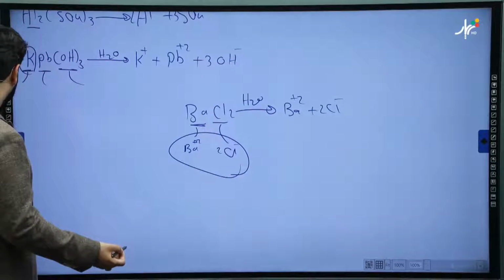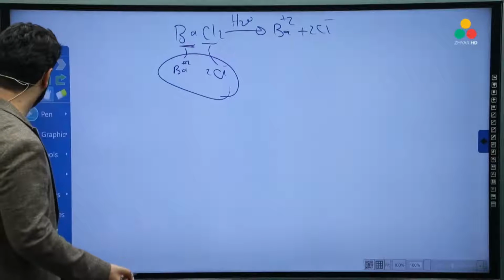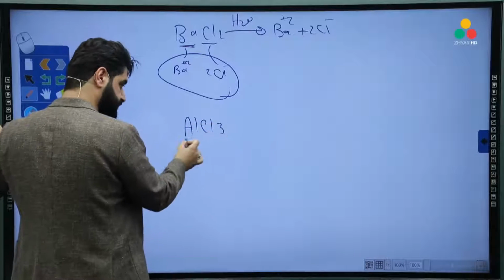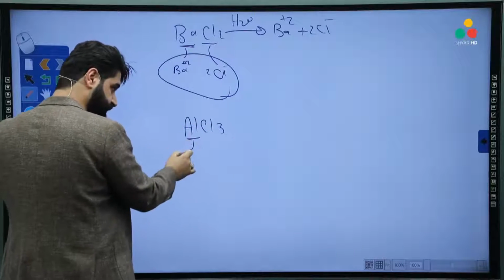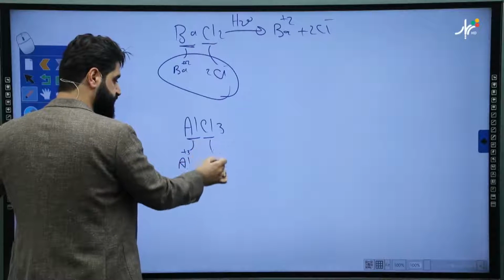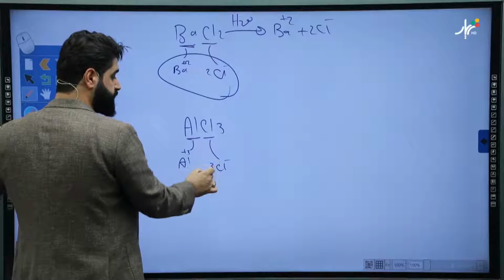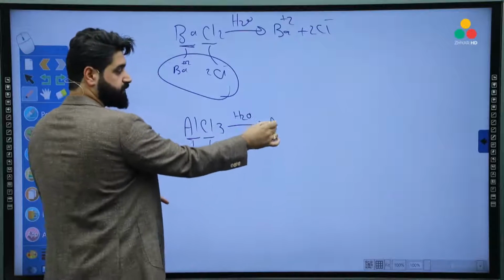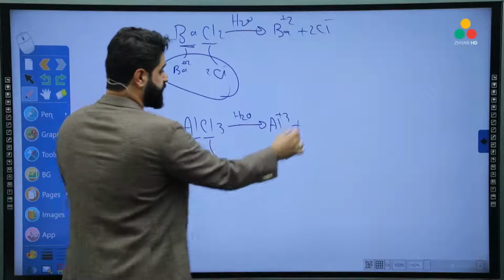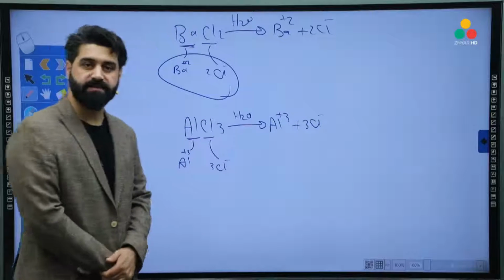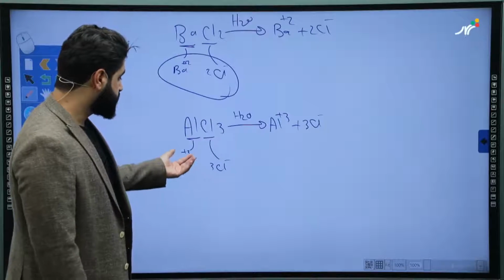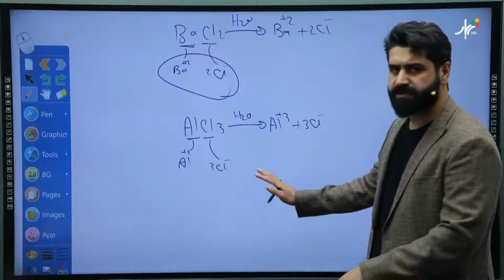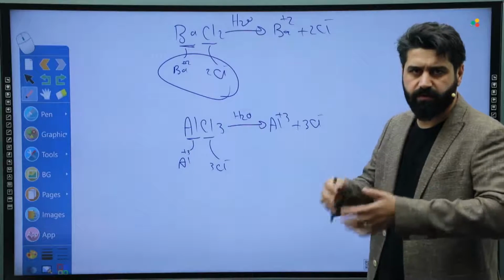Another example, AlCl3 contains 1 Al, of course Al3+, and it contains chloride, which is 3. So if we continue the reaction, 1 Al3+ and 3 chlorides. You see how easy it is? The only thing it needs is time. Just be patient, everything will go smoothly.